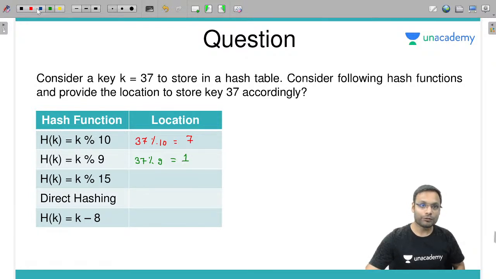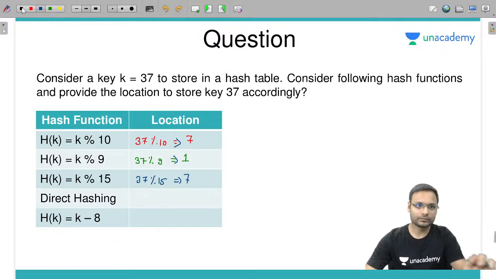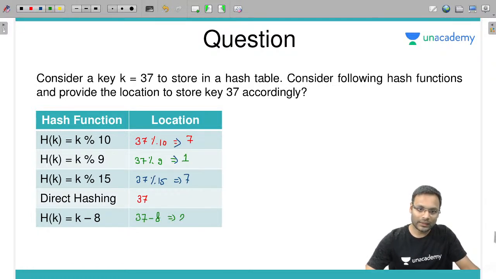Next, k mod 15, 37 mod 15: 30, 30 plus 7, so it should be 7. Direct hashing is location 37. K minus 8, 37 minus 8, answer is 29.